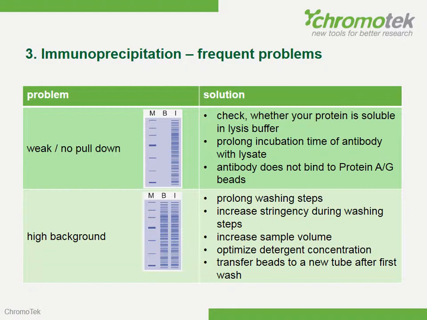This might also help. You can optimize the detergent concentration, and in our experience, if you transfer the beads to a new tube after the first wash, all proteins which are bound to the tube will stay in your tube, and you will transfer only the proteins that are bound to the beads, and this might also reduce your background.